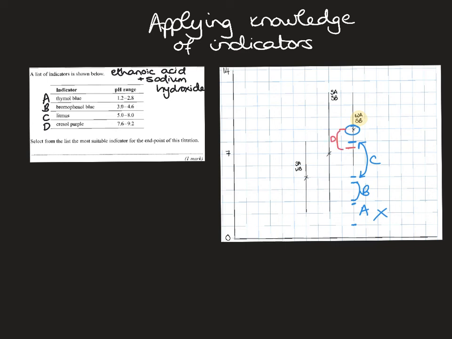So in this case, the Cresol purple, the D, is the best one because the whole of the indicator range is overlapping with the equivalence point of the curve, so it's all being contained within it, and it also does overlap with that number, which is the average end point. So the whole of the range is in there, the whole indicator range is in the straight portion of the pH curve, and it overlaps with the midpoint of that end point. So the answer to this one is Cresol purple.